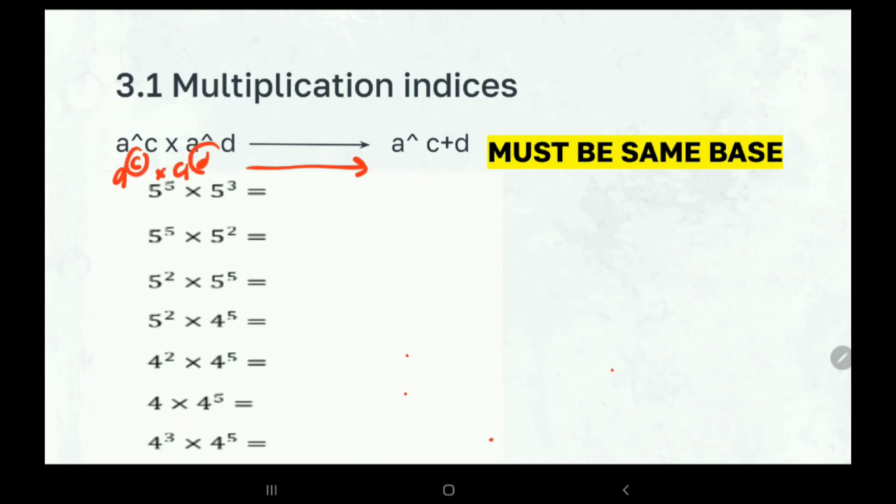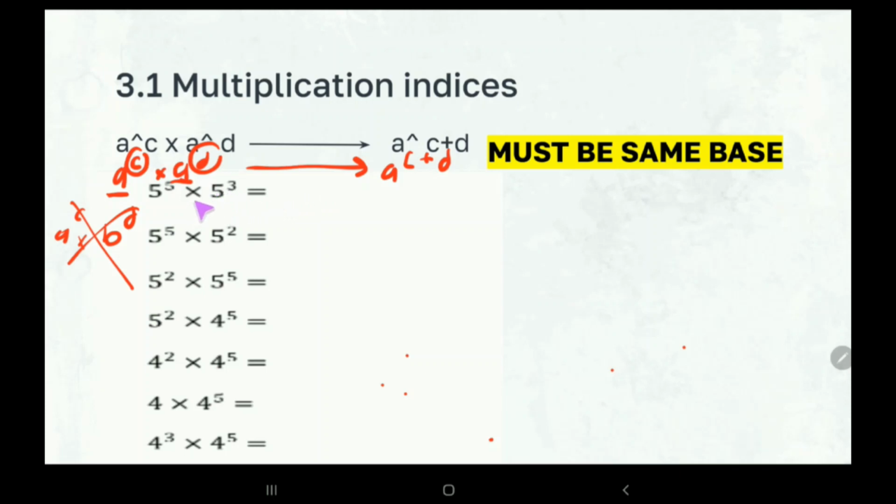You add c and d, so it will be a to the power of c plus d. But this law can only be used when there is the same base, which is a. If we do not have the same base, like for example a to the power of c times b to the power of d, we cannot use this rule. Okay, so here there are some examples.